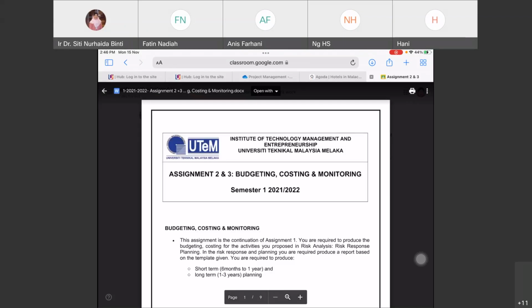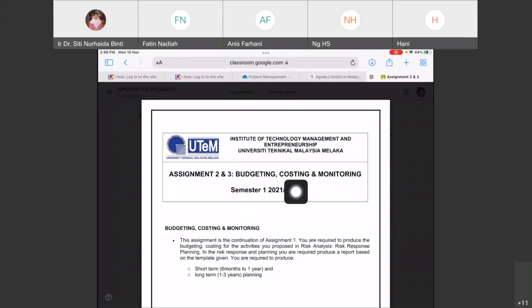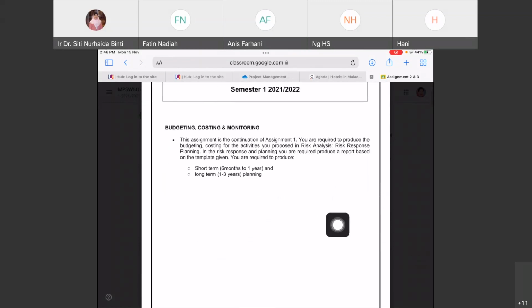It covers everything on budgeting, costing, and monitoring: how we plan for budgeting and costing, and how we use these tools and the project management tool to monitor the progress of your project management.